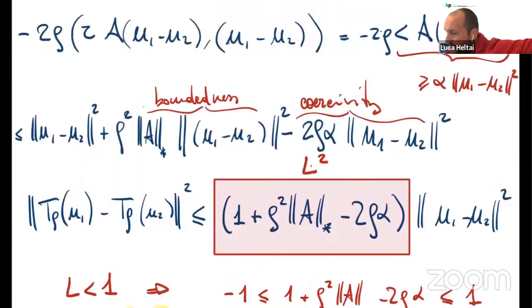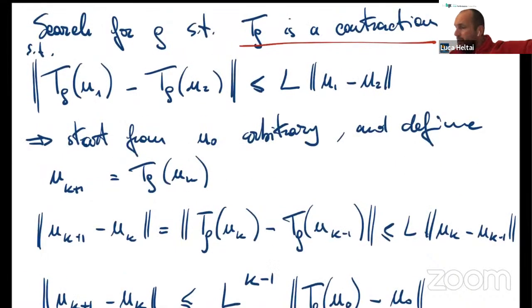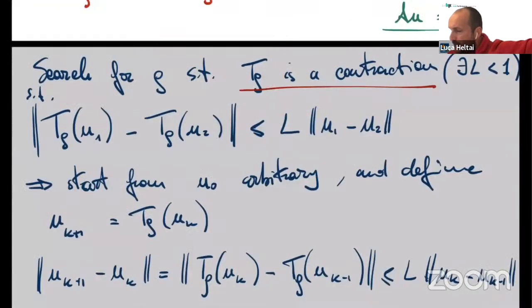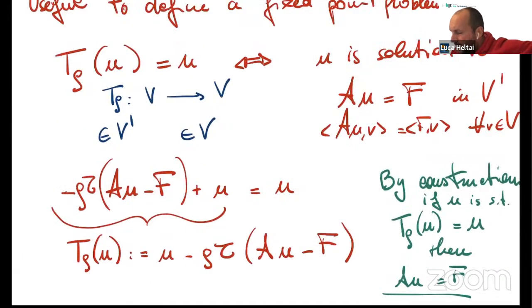So let me go back to the beginning. I showed you here that if you find a T rho which is a contraction, the idea was that I want to construct a fixed point application that we called T rho, such that when u is a fixed point of T rho, then u is also a solution of your original system.